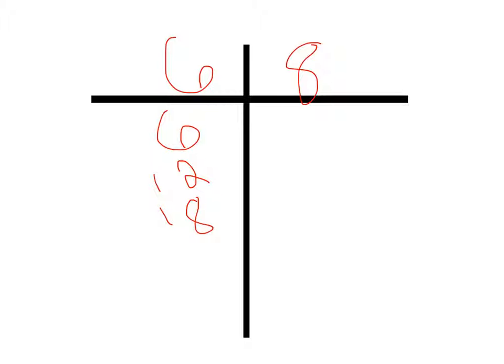Here's another way to solve it. You can put the 6 on the top and the 8 on the other side. So now I'm going to list a few multiples of 6. David, what numbers did you do?